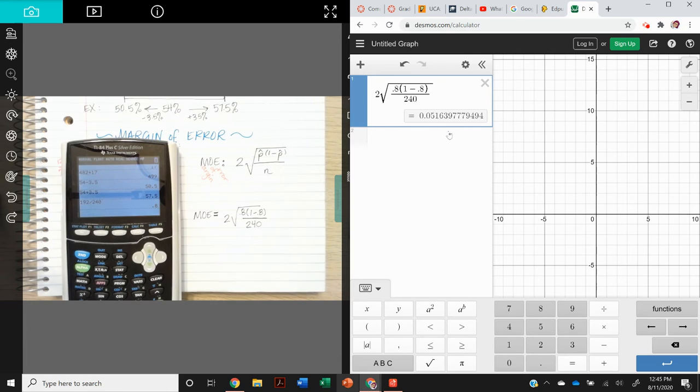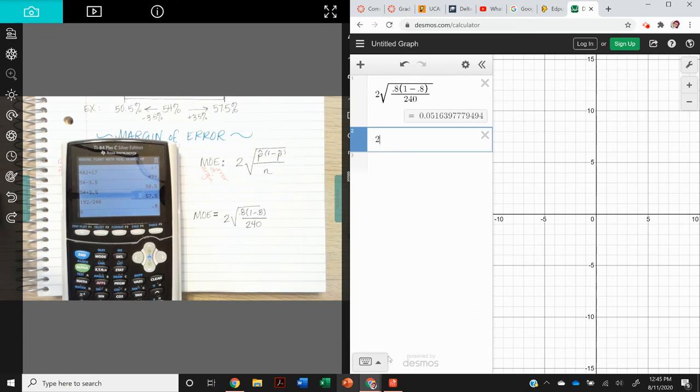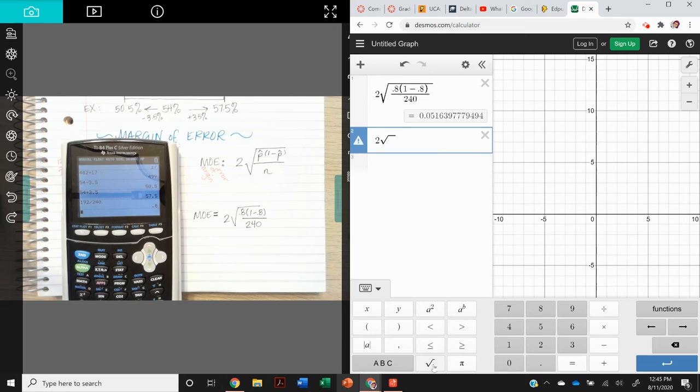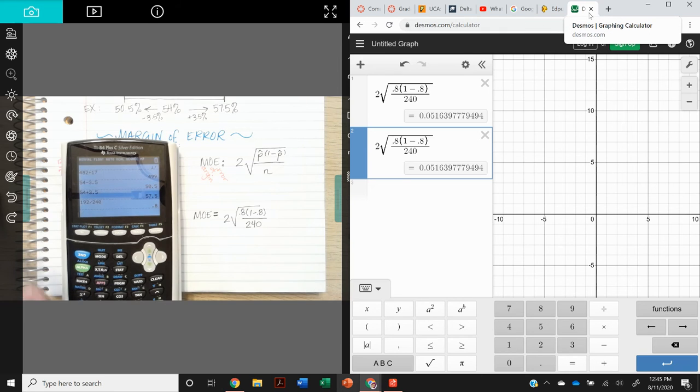If you need to see that again on Desmos, 2, I pulled up the keyboard, square root. Right here, before I typed anything in, I hit the division symbol, that / on your keyboard, and that created my fraction, and then I just typed it in. 1 minus 0.8, close the parentheses, divide by 240. There's my decimal.